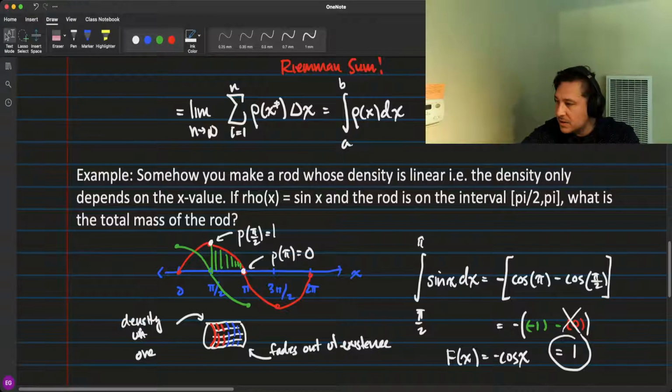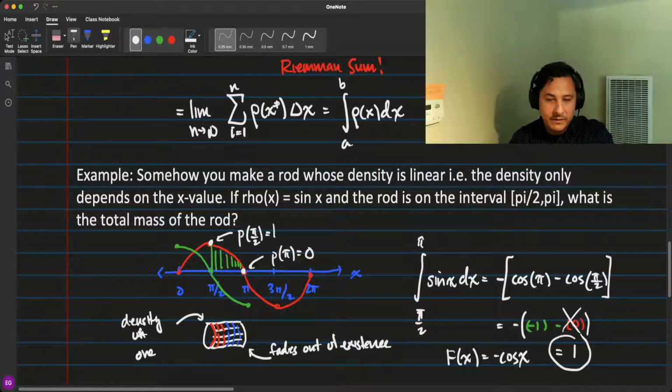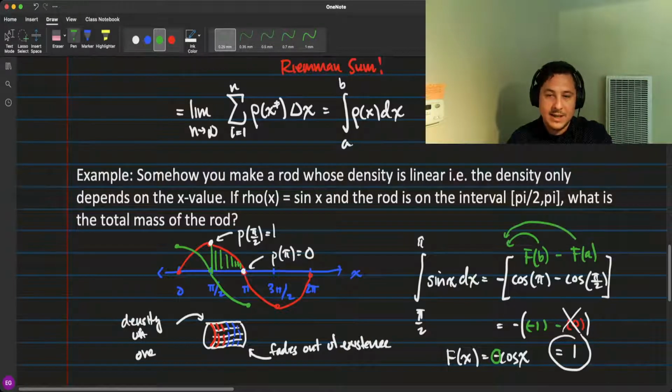Would it be cosine pi plus because of the factored -1? No, because I'm factoring out the -1 from the antiderivative itself. Normally you would have had a minus on both of these, right? But it's still f of b minus f of a. And then I factored out a negative from both of them, and that's why this minus stays here.